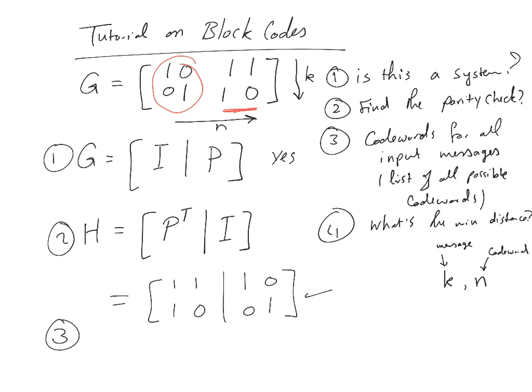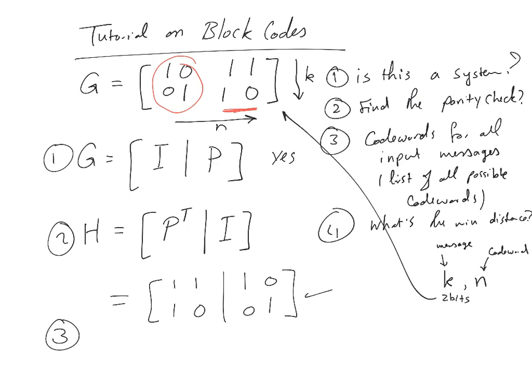So basically, the number of rows of G is equal to the number of bits of the message, and the number of columns of G is equal to the number of bits of the code word. So we expect that the input messages are going to be composed of 2 bits, right?